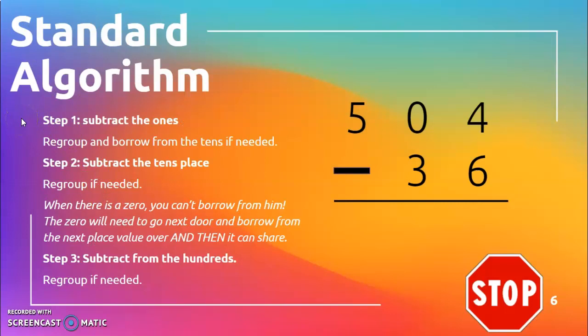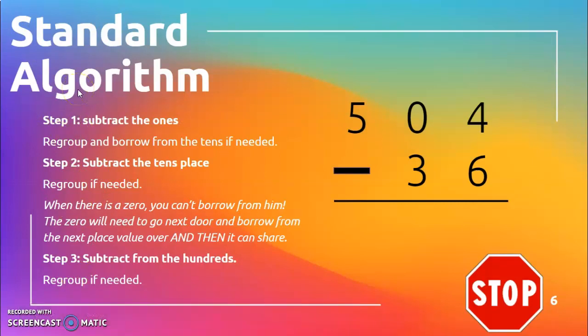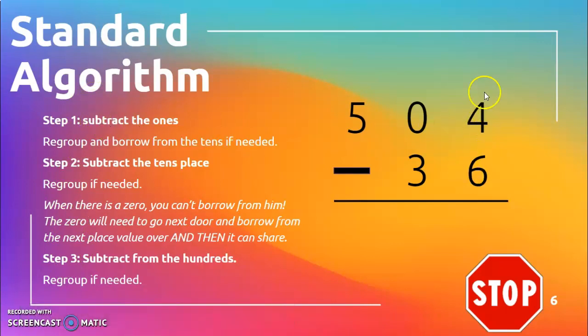Now we're going to practice using our 3 steps for standard algorithm. Before I start, you're going to get your math notebook, your math journal, and write these 3 steps if you don't have them already. So step 1, I'm going to subtract from the ones place. Regroup and borrow from the tens if needed.